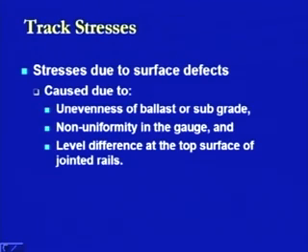The next condition is the difference in the level of the rail sections which are jointed together at certain locations. We found that there are different rail sections, and the rail sections are manufactured in certain rail lengths, and therefore they need to be jointed. Now, when we are joining these rail sections by using fish plates or fish bolts, there are all chances that a difference is there at the topmost surface of the rail.